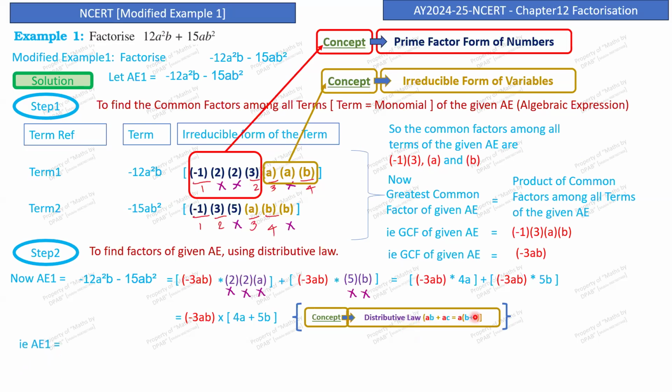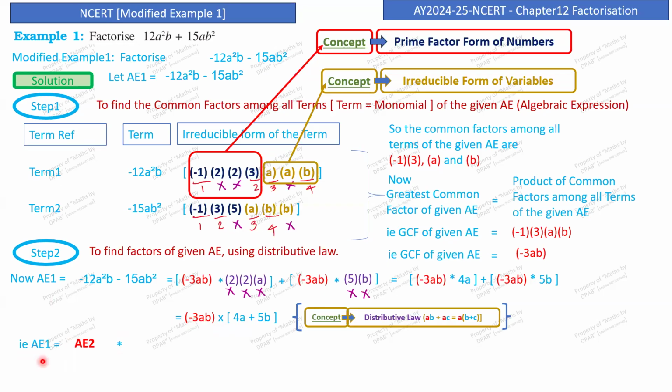So what is AE1? We just write it, that is. i.e. means id est, that is. Instead of writing "that is", the short form is i.e. So AE1 equals whatever we have written here, and we are going to write it in the form of AE2 into AE3. AE2 is minus 3ab. AE means algebraic expression.